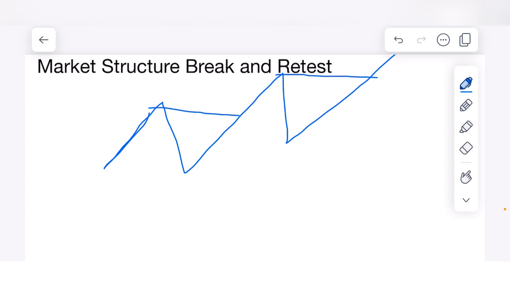This indicates that the market is in a bullish trend, or in an uptrend.